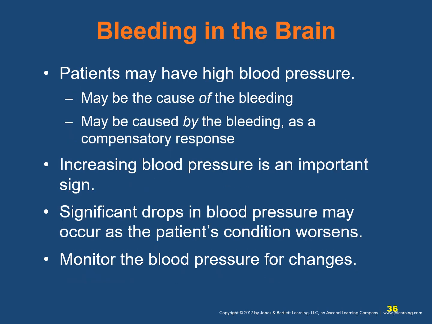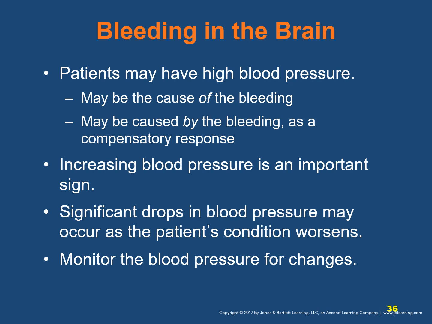Bleeding in the brain can occur when the patient has very high blood pressure. It may be the cause of bleeding in the brain, or it may be caused by the bleeding itself as a compensatory response. A trend of increasing blood pressure is an important sign, as the body must increase the blood pressure to get blood to the brain's tissues.